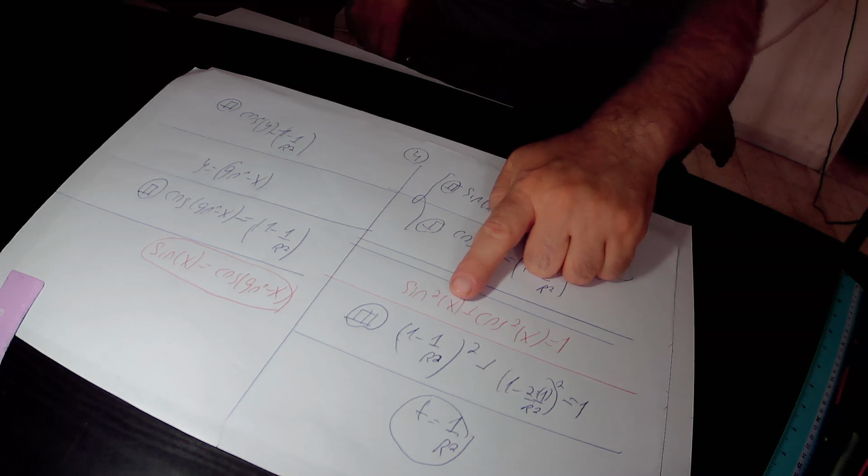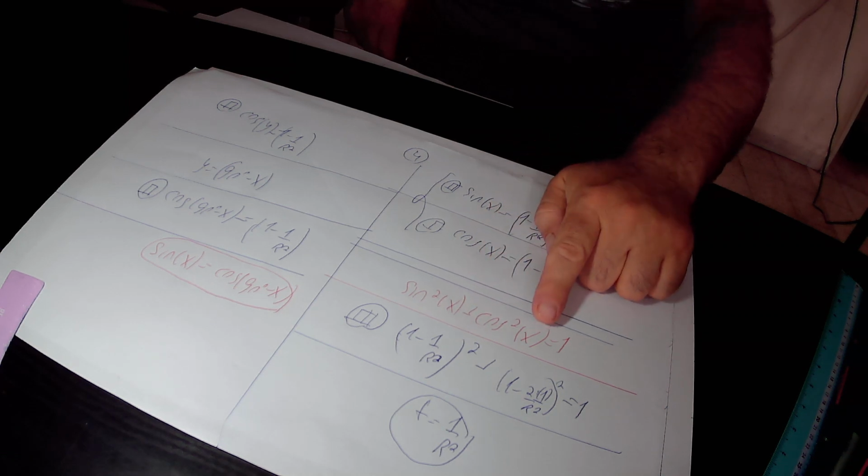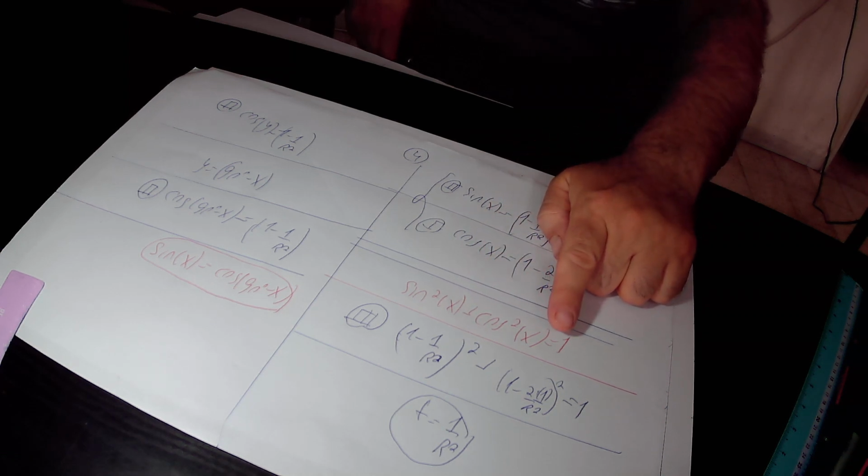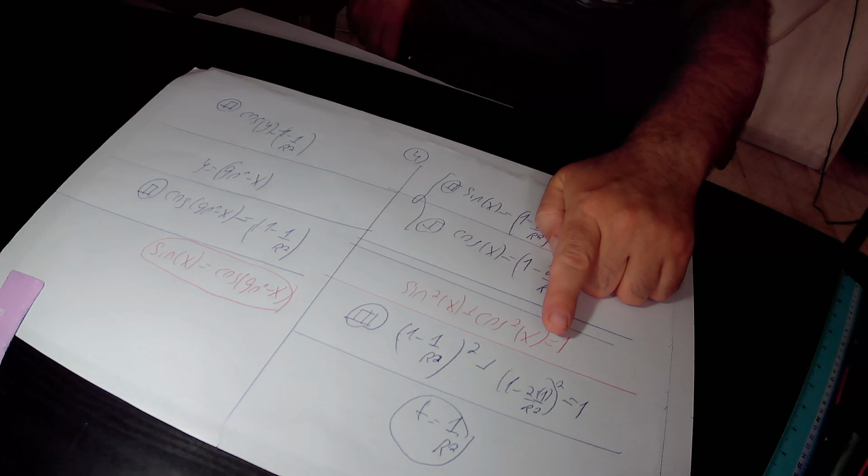So in total, the value of this expression will be equal to (1 minus t) squared, and we also add (1 minus 2 times 1 over r squared) squared. 1 over r squared is t. So in total, the value of this expression will be (1 minus 2t) squared, which equals 1.